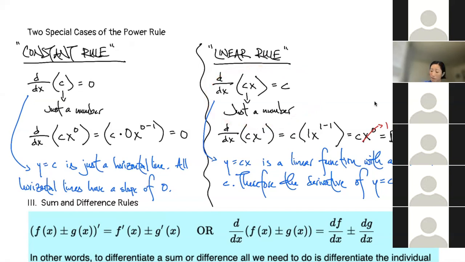So some folks teach this as separate rules, but I wanted to bring them back to the idea of the power rule because they're all power rule. It's just that they happen so often that it's not worth writing out all this work. Instead, we want to know when we have just a number, that derivative is 0. But when we have a number times x, that derivative is the number.